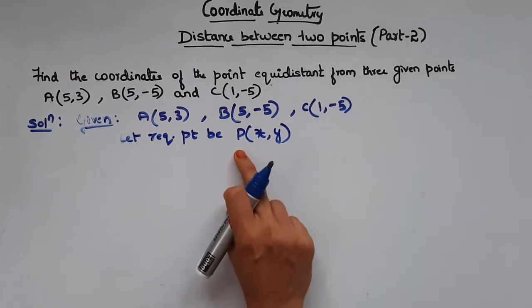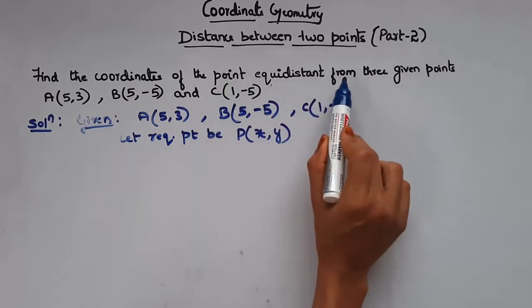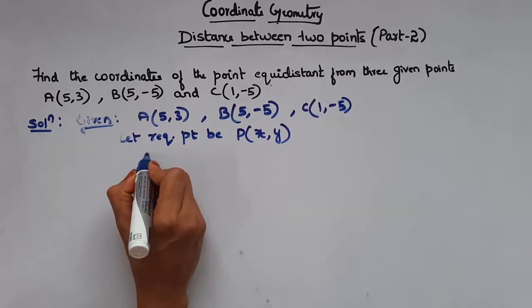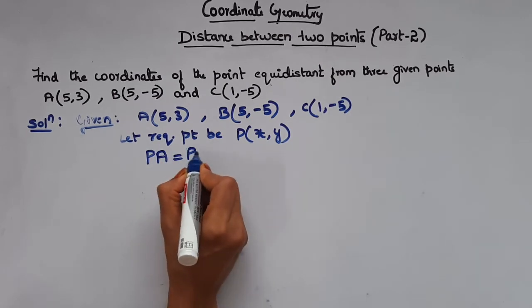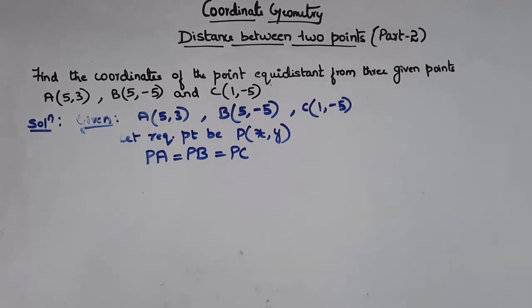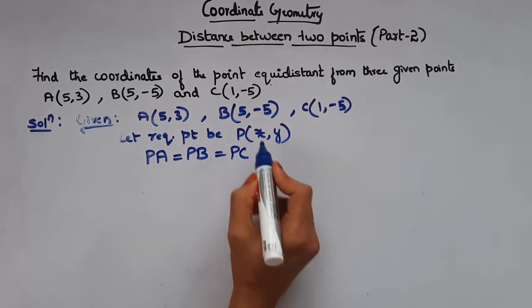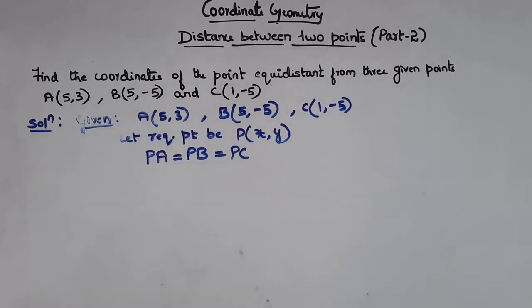So now we have to find this point. Here it says that the point is equidistant from 3 given points. That means PA is equal to PB, which is equal to PC. Agreed? This point P is equidistant from A, B and C.